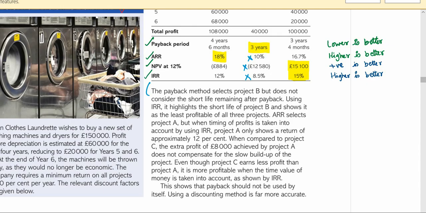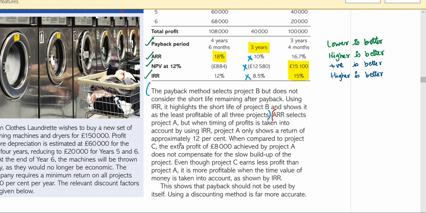So this is the discussion of project B. Now we change the color. ARR selects project A, but the timing of profit is taken into account by using IRR. Project A only shows a return of approximately 12%.